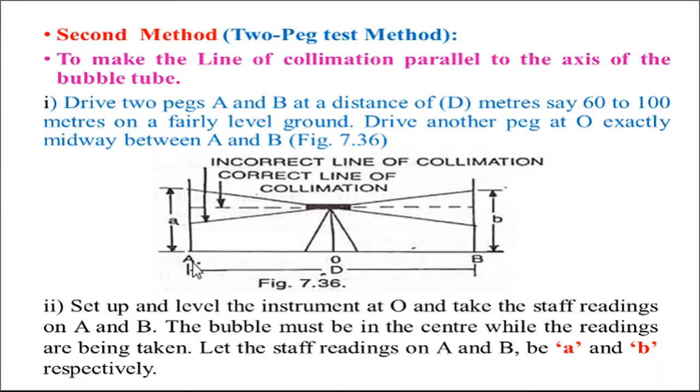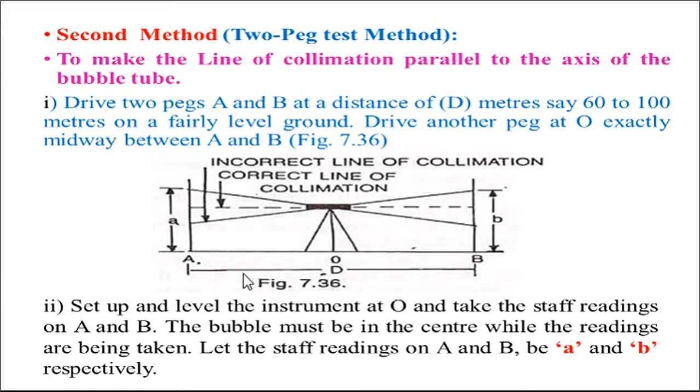So this is peg A and this is peg B. After that, drive another peg O exactly midway between A and B. This is the third peg, which is midway between A and B.